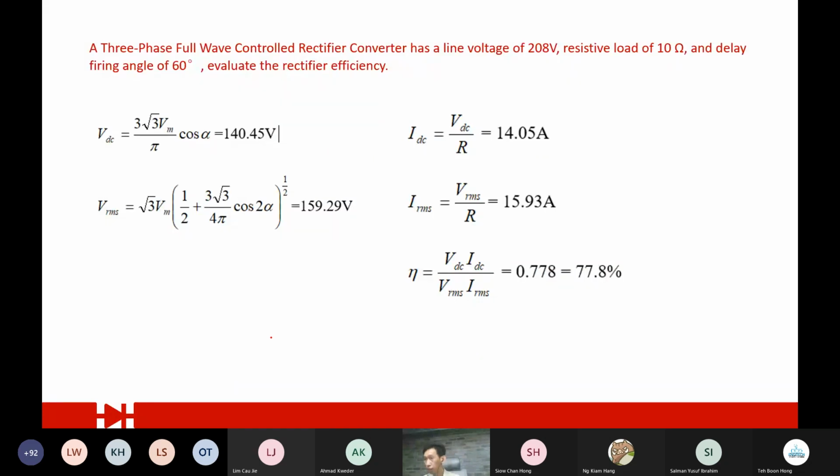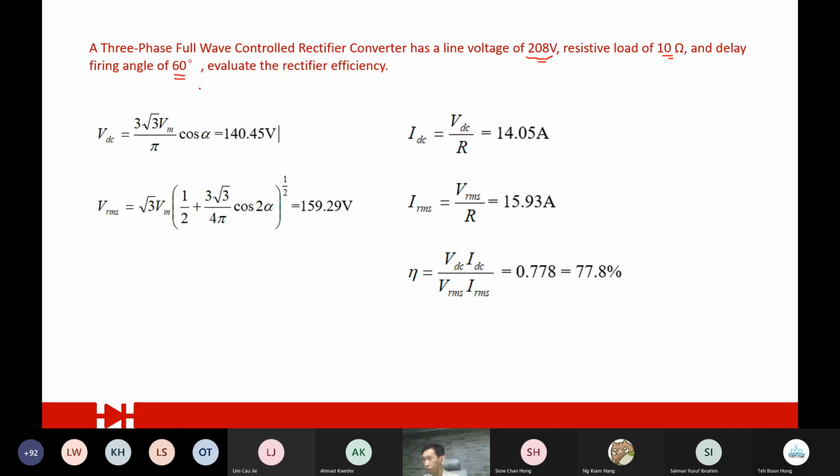So these are some tutorial exercises. Now, like I said, when you change the firing angle, you are also changing the rectification efficiency. Take this example, also from the textbook: AC voltage 205, 10 ohm load, firing angle of 60 degrees.